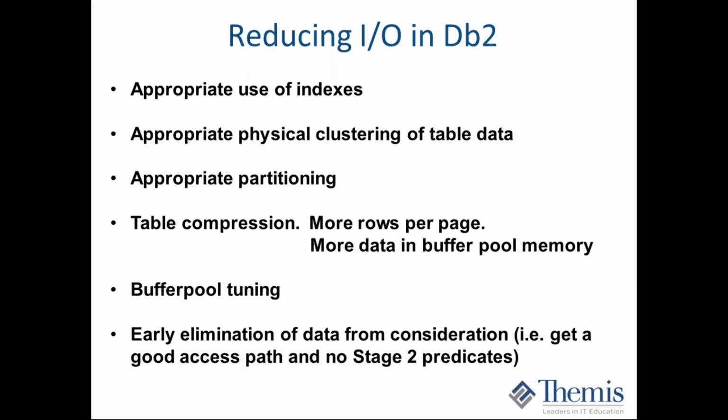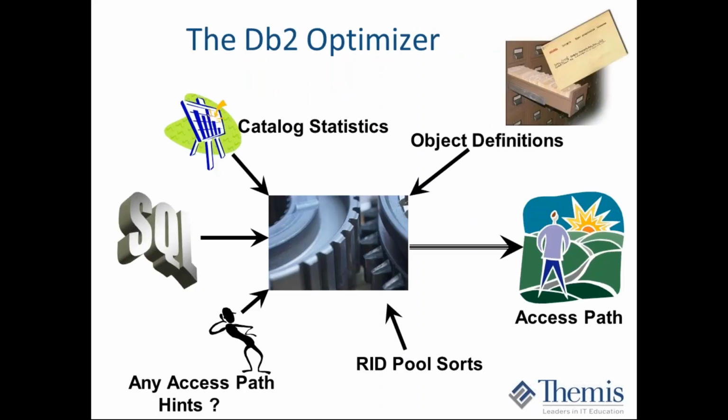Stage 1 versus stage 2 predicates, very important on the Db2 LUW side. They don't really have stage 1 and stage 2s, but what they do have is what's called residual predicates. And the residual predicates are like stage 2 predicates on the z/OS side. So the optimizer, we write a query: select, from, where, group by, order by. The first thing the optimizer code does is look at the object definitions.